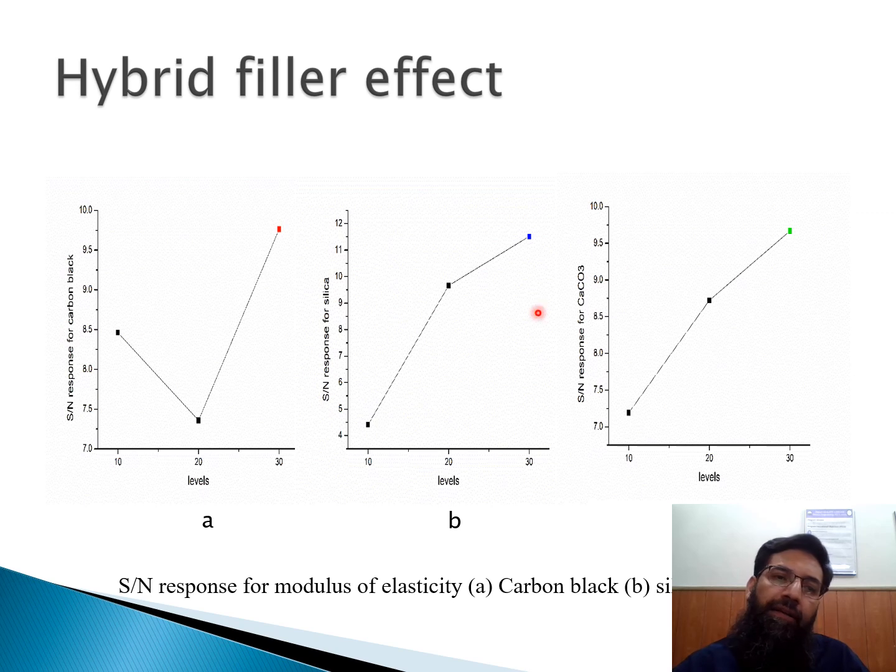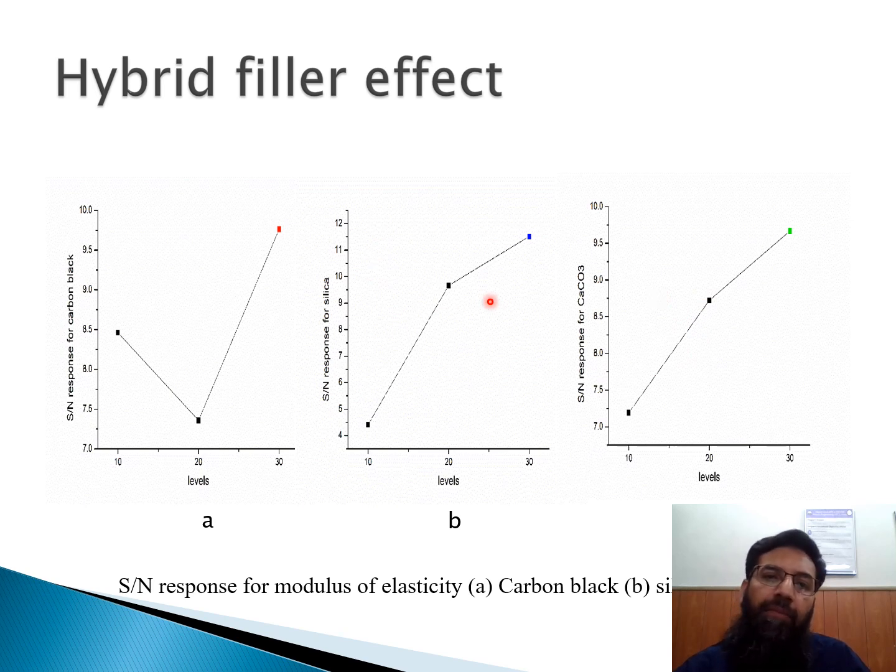In this, you can see the effect on the moduli: as we increase the loading of the filler, the moduli of the compound increase. There is a lesser change in the moduli as we add the carbon black, and a greater change as we incorporate the calcium carbonate.